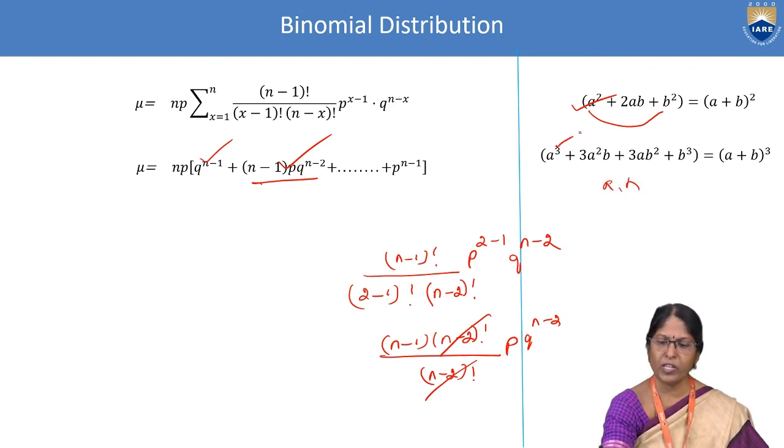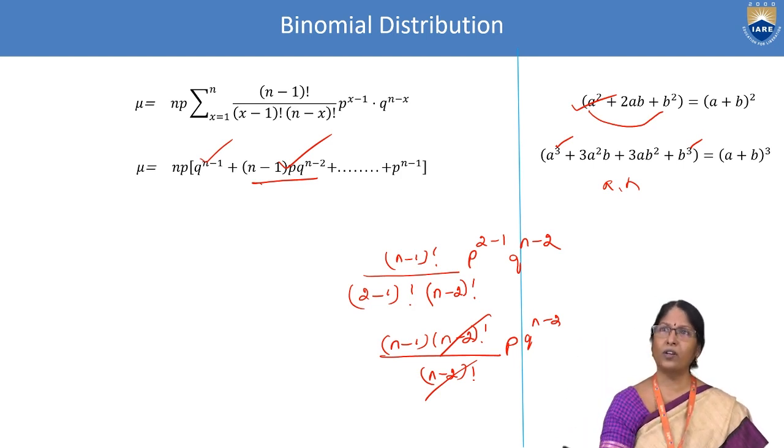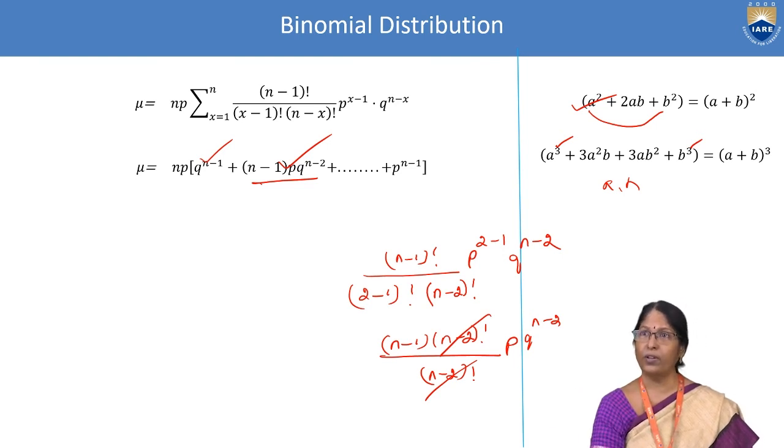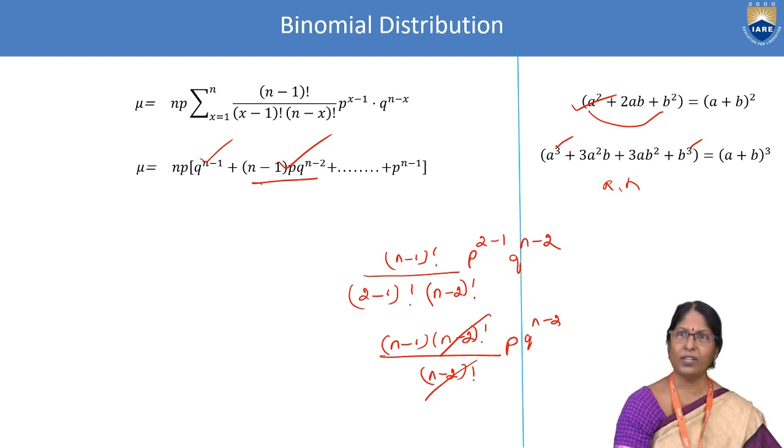A highest power is what? 3. B highest power is what? 3. So a plus b the whole cube. This formula we are studying from lower classes, from 6th class onwards. This formula is playing a role, it is playing a journey with us. Now the same journey, that small technique, we will use it here.